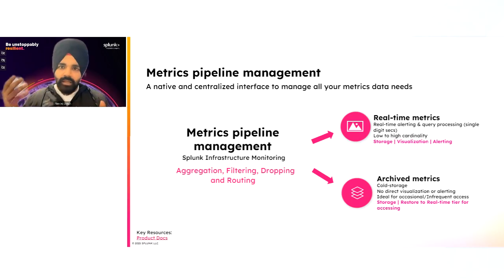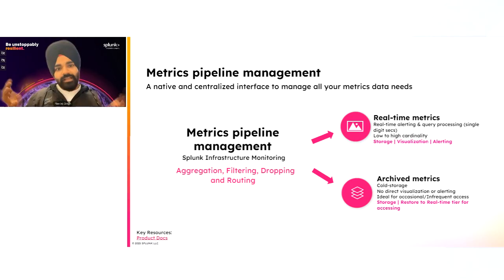So let's say you configured OTel. It has a default behavior that it will start sending a lot of metrics. Now, either you can start dropping the metrics on the OTel side, or you can come to metrics pipeline management, just select all the metrics that you don't need. Maybe it's a custom one, maybe it's a default one. You can put a drop rule and make sure that it is dropped from the ingest.